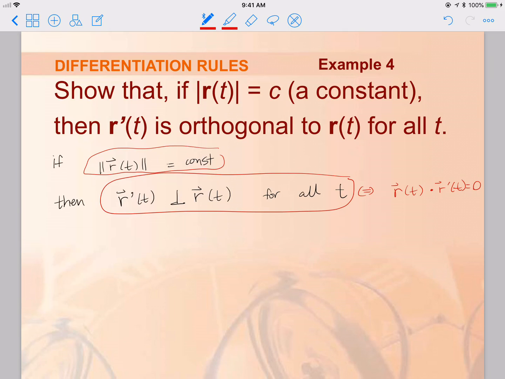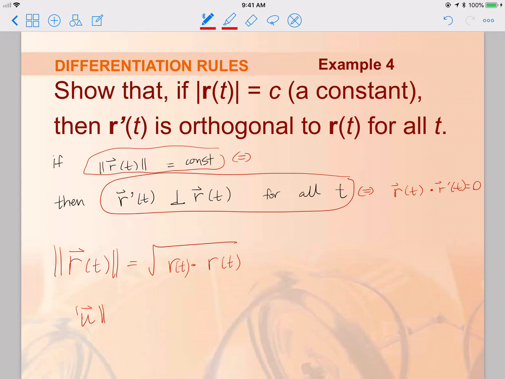What does it mean to say that the magnitude of r is constant? Well, remember that the magnitude of a vector is the square root of the vector dotted with itself. Do you remember that?